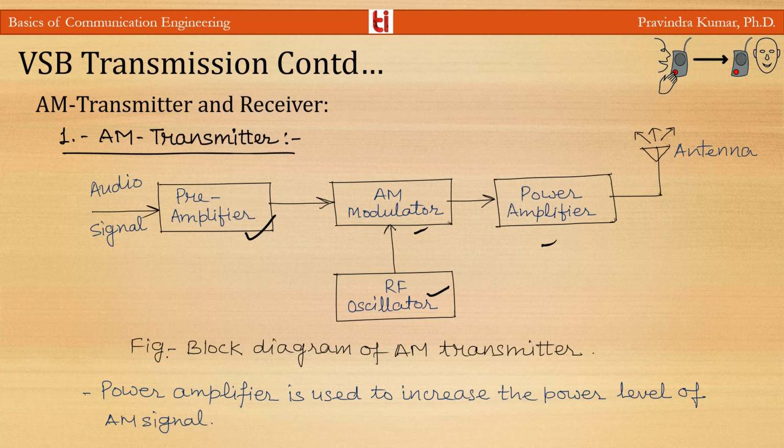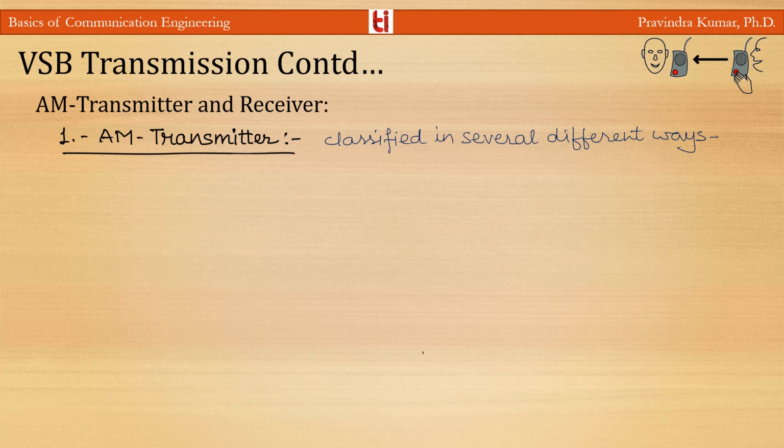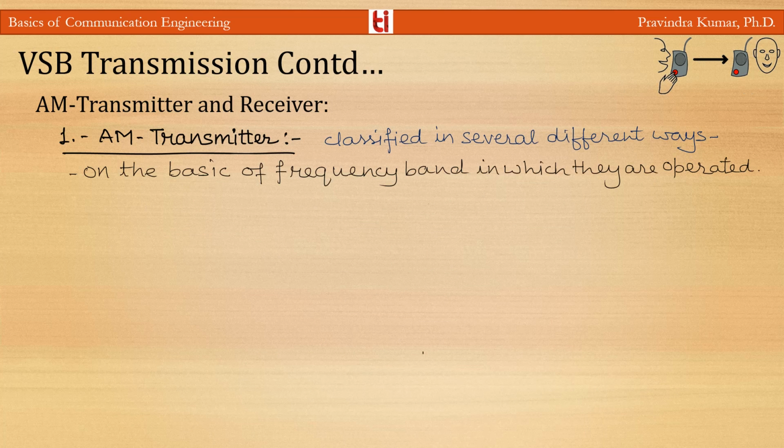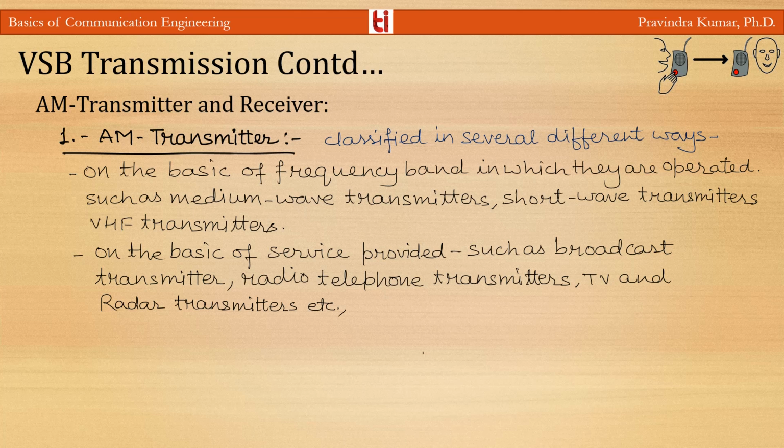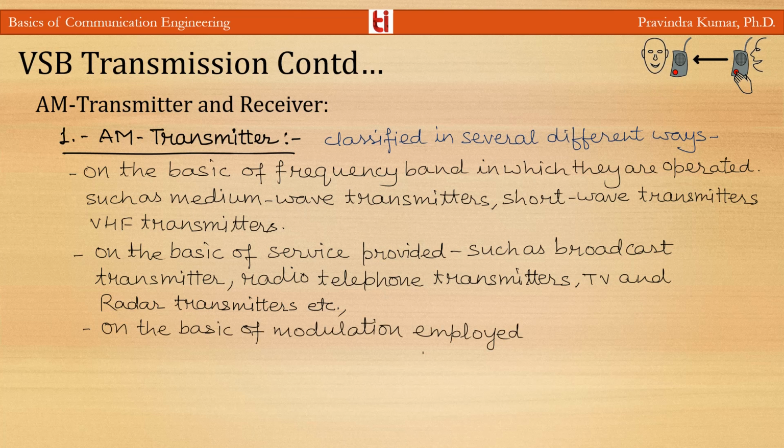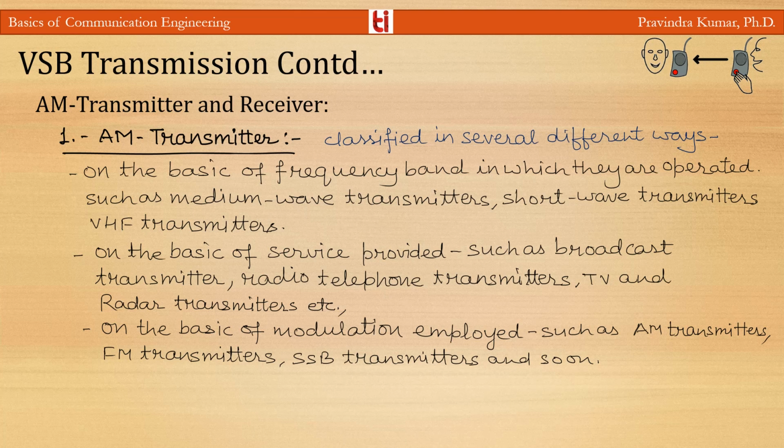And there are several classifications of the transmitter. First is on the basis of the frequency band in which they operate, such as medium wave transmitter, short wave transmitter, VHF transmitter, high frequency transmitter. On the basis of service provided, such as broadcast transmitter, radio telephone transmitters, TV and radar transmitters, etc. On the basis of modulation employed, such as AM transmitter, FM transmitter, SSB transmitters, and so on.